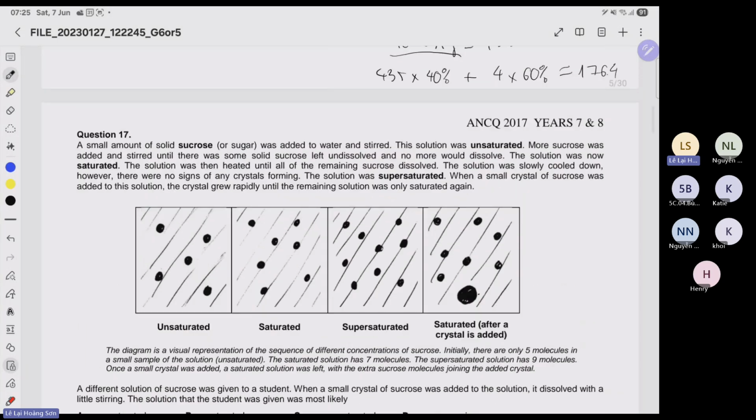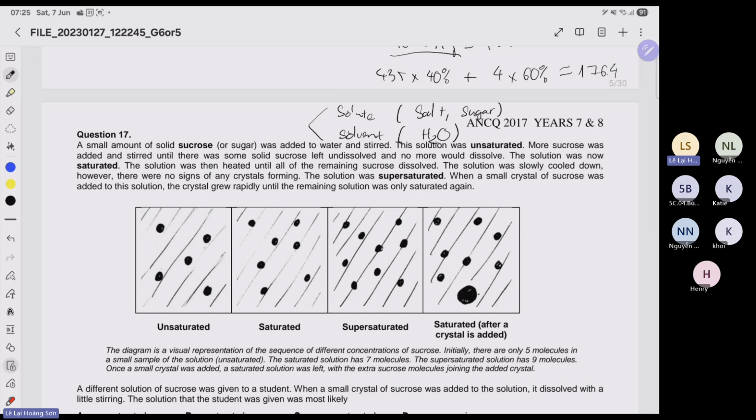When it comes to solution, we have two different terms, a solute and a solvent. For example, solute is like salt, or sugar. The thing that you dissolve goes in what we call the solvent. Solvent can be water. You dissolve salt in water, so solute is salt and solvent is water. Unsaturated means you can dissolve more.